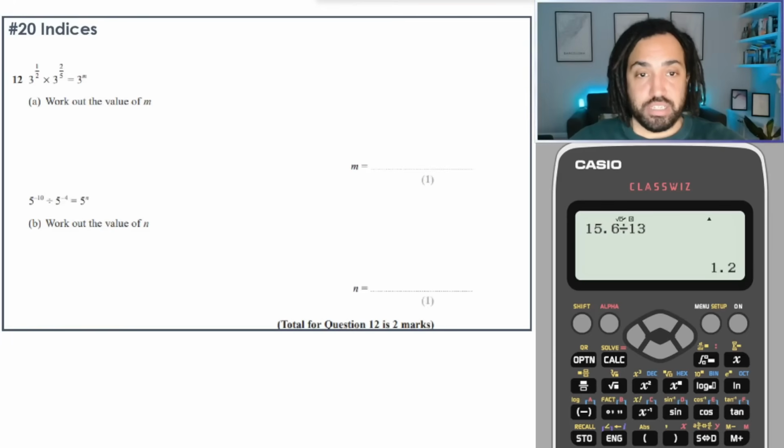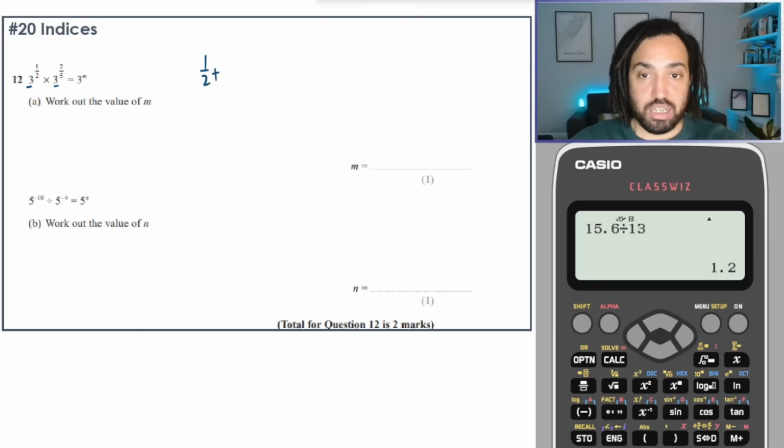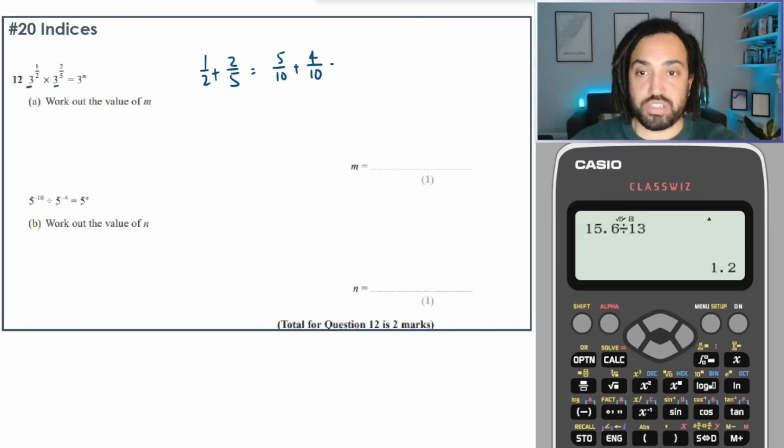Okay, indices. Right, when we multiply any numbers that have the same base, then we need to add the powers. So I'm going to be adding a half to 2/5, which is the same as 5/10 plus 4/10. So that is 9/10.